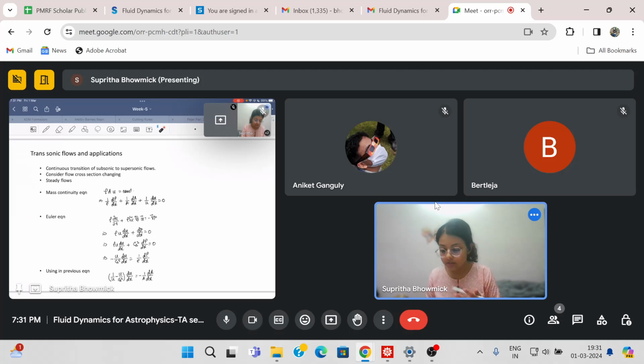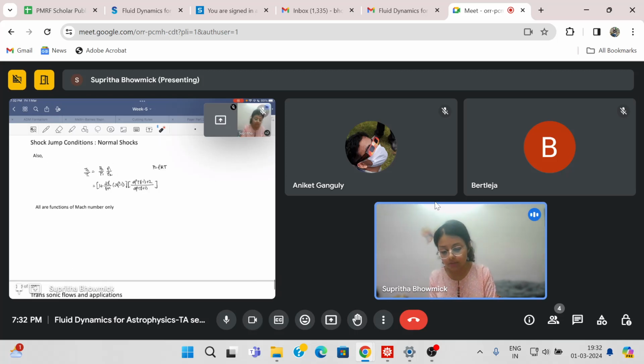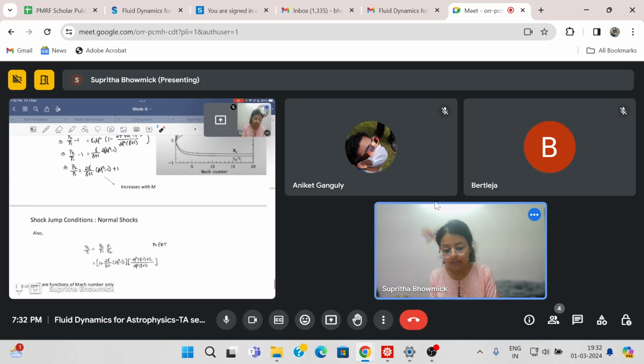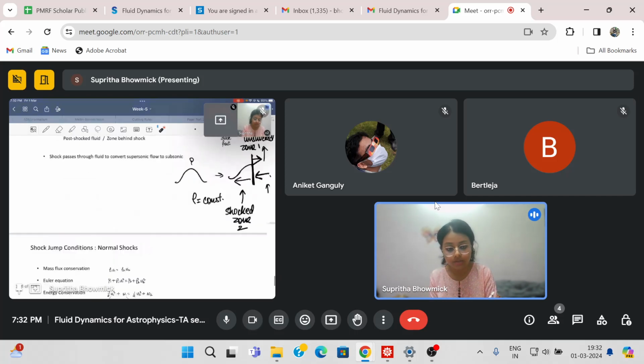Then something called transonic flows were discussed. Transonic flows are flows that will continuously or smoothly undergo transition from subsonic to supersonic or vice versa. So we discussed a situation which had a discontinuity, and the discontinuity is what causes the transition.